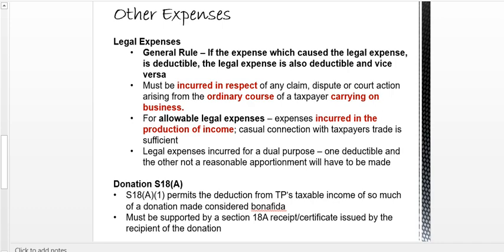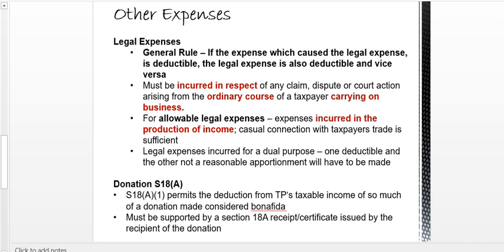Okay. So donations in terms of section 18A is allowed as an allowable or specific deduction, but very importantly, it must be supported by a section 18A receipt or certificate issued by the recipient of the donation.